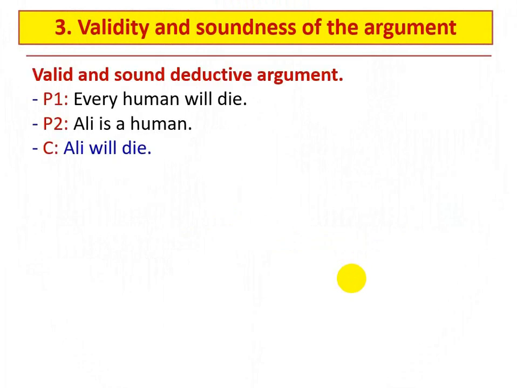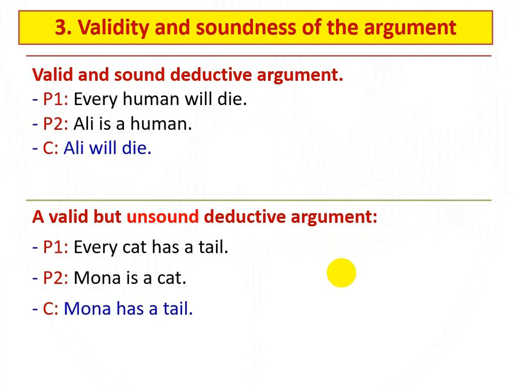Let's discuss this point by taking some examples. For example, when we say every human will die, this is premise 1. Ali is a human, this is premise 2. The conclusion is Ali will die.